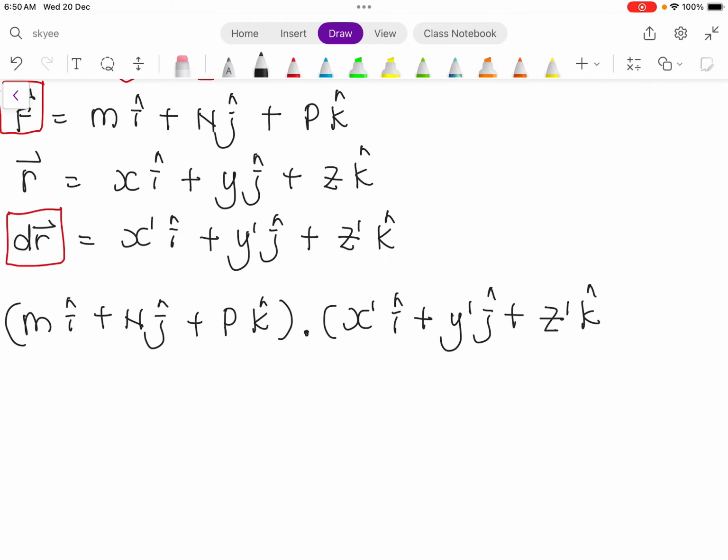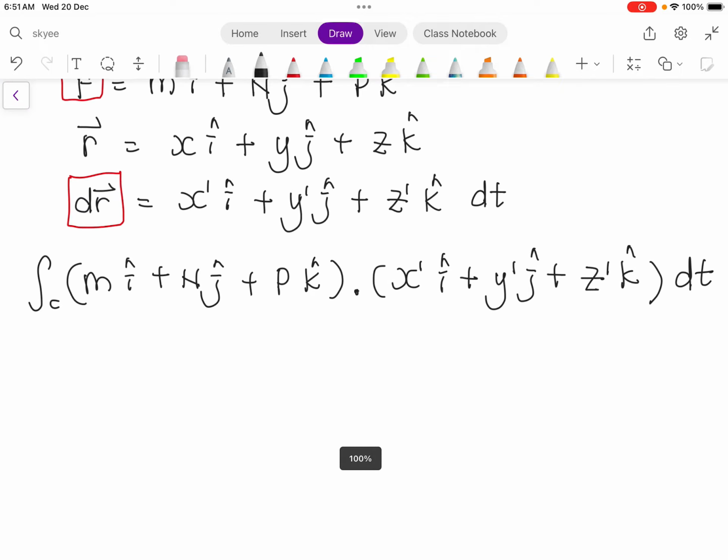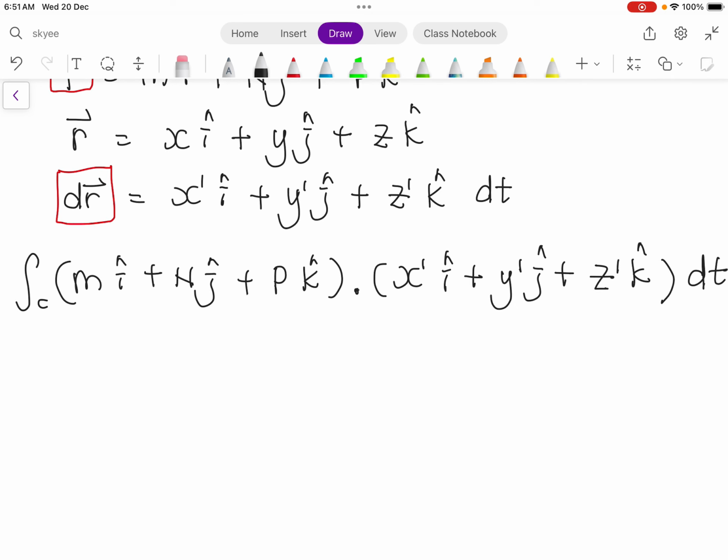This is a differentiation with respect to t, dt. So this is the line integral. After you perform the dot product, the line integral will become Mx prime plus Ny prime plus Pz prime dt.